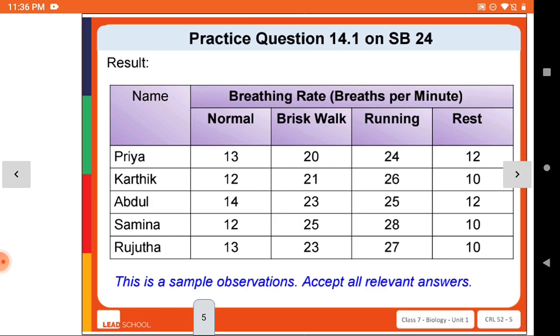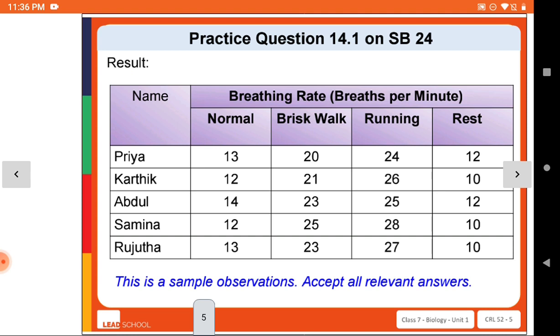This is a sample observation, and you have to copy it according to your question 14.1. For example, how do you do this activity?